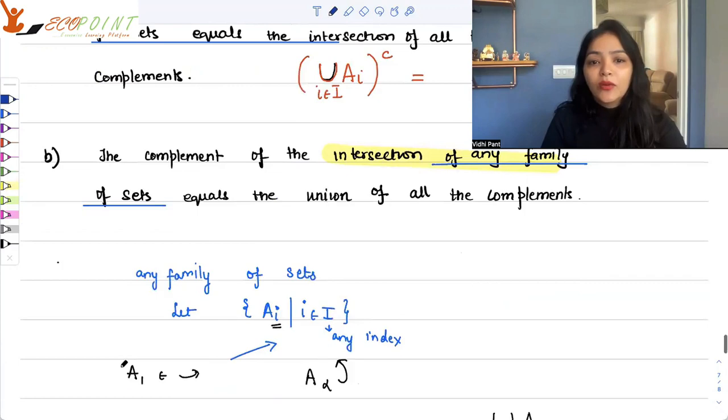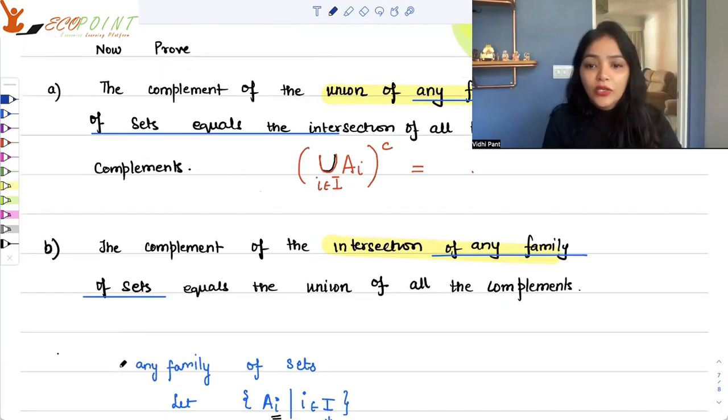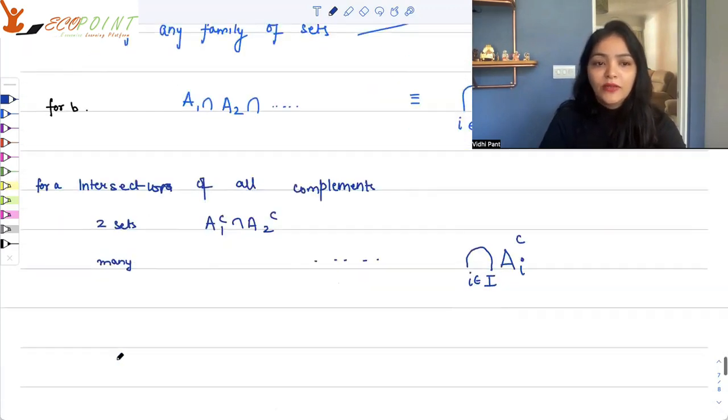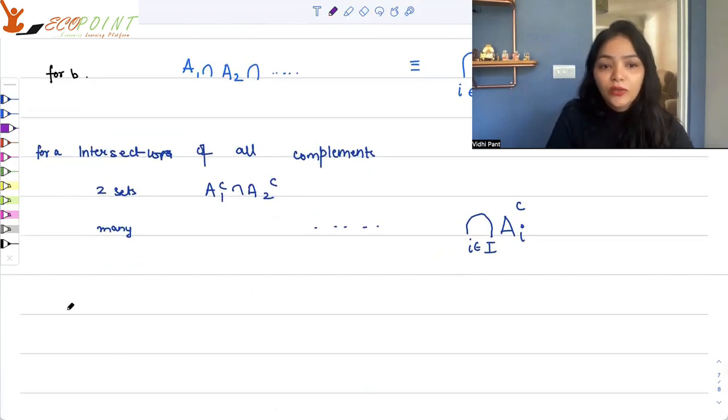And for B, it's required: the union of all complements. You need to understand what the union of all complements will be.